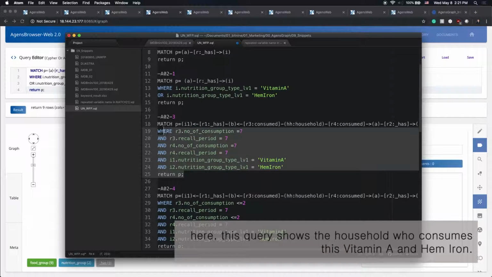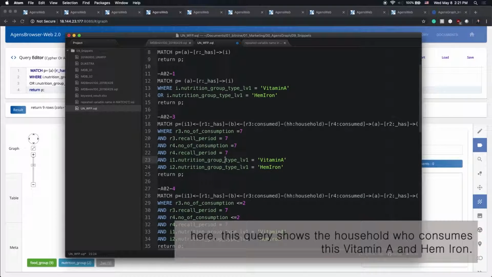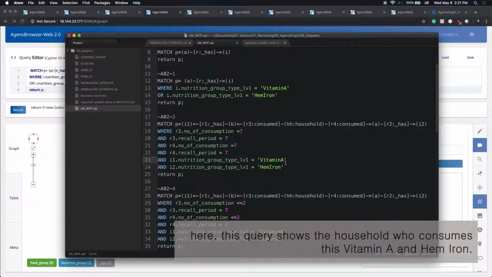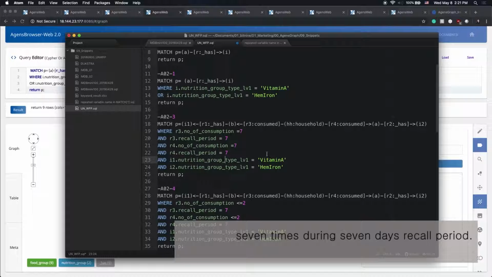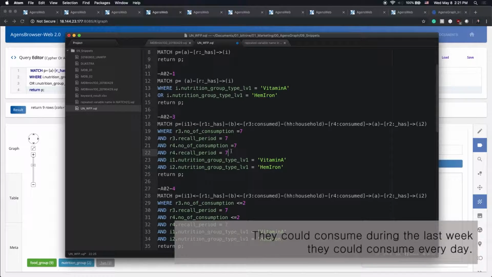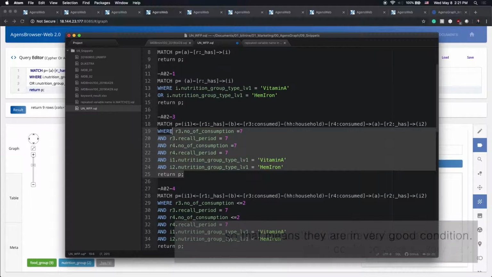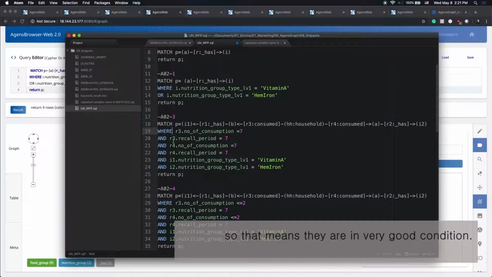Okay, all right, back to the query examples. Here, this query shows the households who consumed vitamin A and heme iron 7 times during the 7-day record period. So during the last week they could consume every day, which means they are in very good condition.